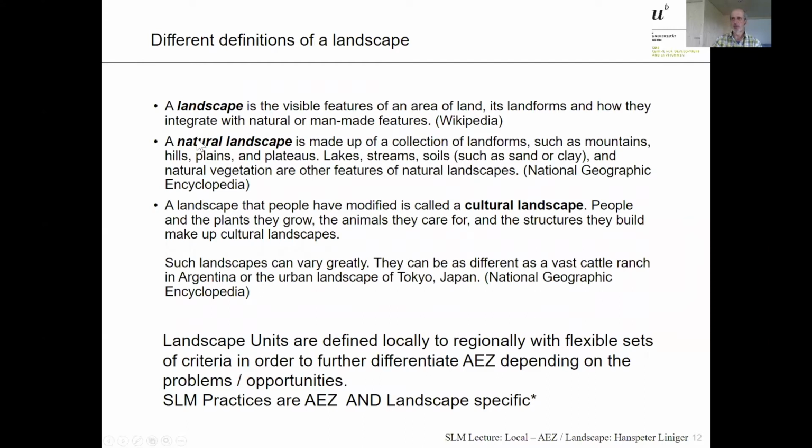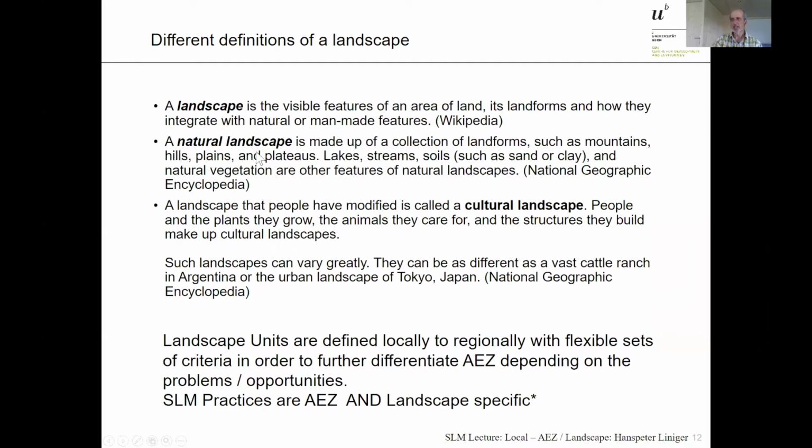Okay, now let's look at the definitions of a landscape. A landscape is a visible feature of an area of land, of its landforms, how they integrate with natural or man-made features. That's the Wikipedia definition. Let's look at the National Geographic definition.